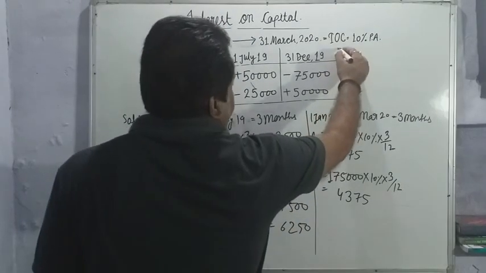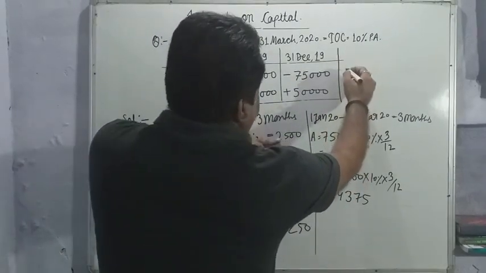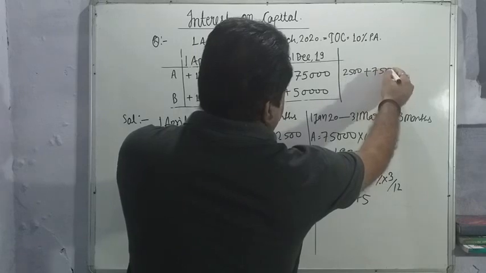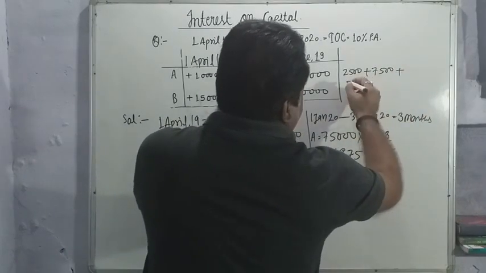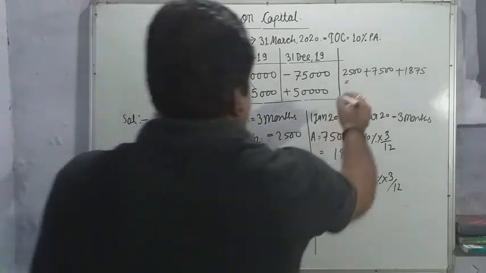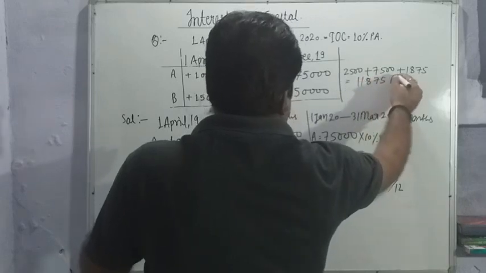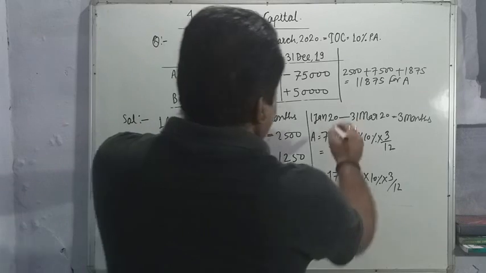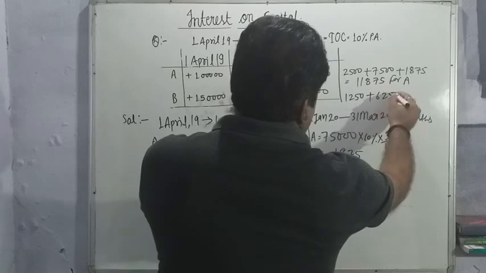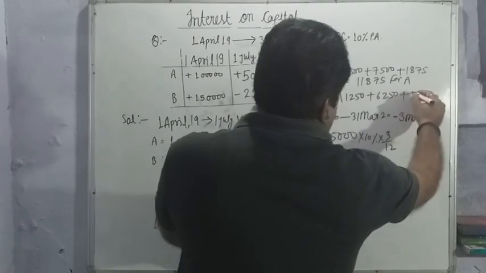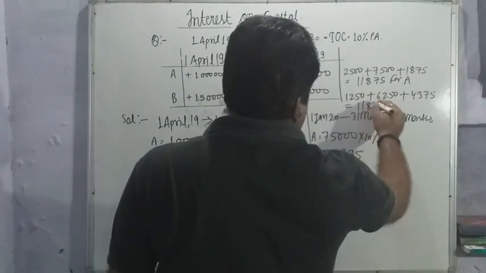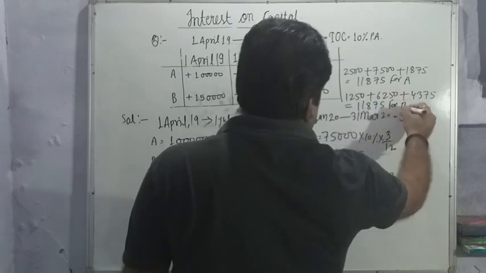So now for A, take this 2,500, then 7,500, then this 1,875, and your total interest on capital will be 11,875 for A. Same way for B also, take this 1,250, after that this 6,250, after that this 4,375, and your total amount will be 11,875 interest on capital for B.